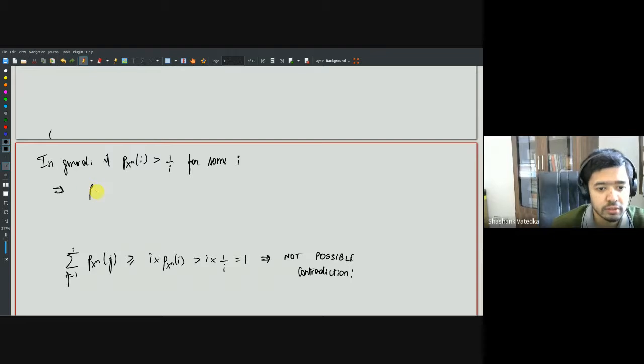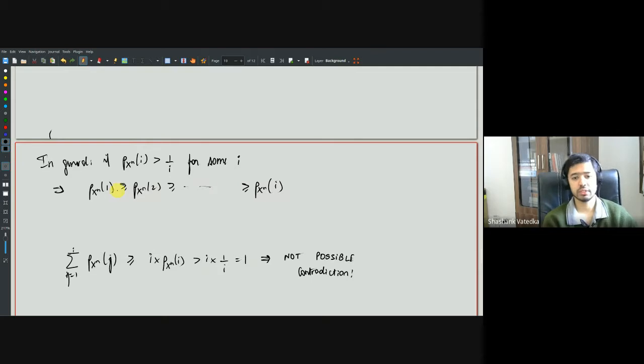Well, we know that P_Xn of 1 is greater than or equal to P_Xn of 2, and so on, down to P_Xn of i. So all of these terms are greater than or equal to P_Xn of i, and the claim is that this is strictly larger than 1 over i. So all of these terms are strictly larger than 1 over i.